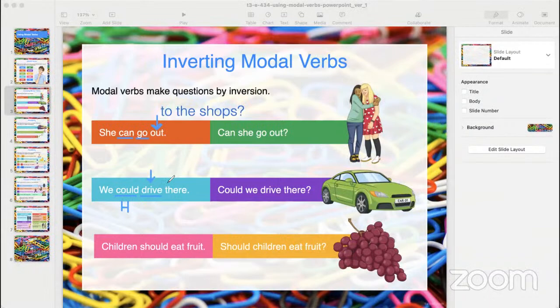I'll put HV to show helping verb and MV for main verb. Children should eat fruits. Should is the helping verb, eat is the main verb.